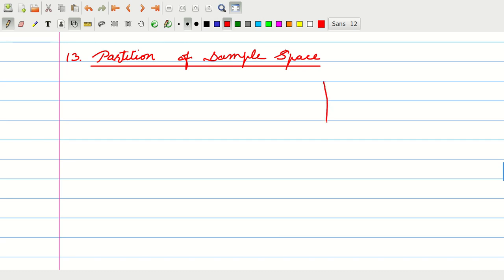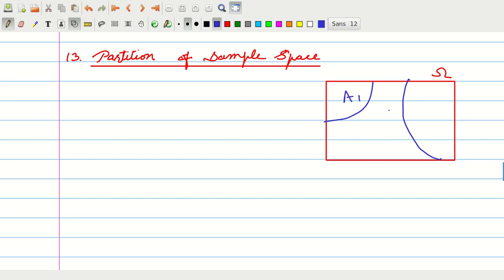Consider a sample space omega, and let us consider three different events in the sample space, A1, A2 and A3. Clearly A1, A2 and A3 are mutually exclusive because the intersection of any two of them is a null set, and they are collectively exhaustive because the union of A1, A2 and A3 makes up the whole sample space.